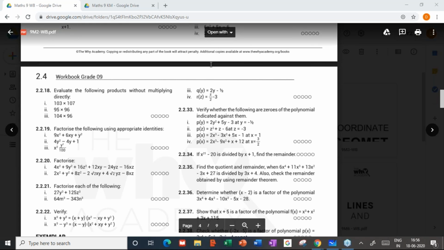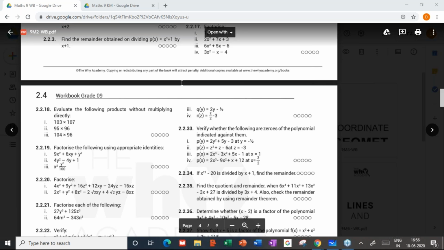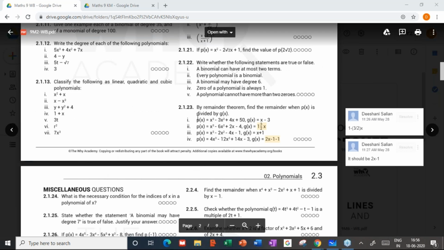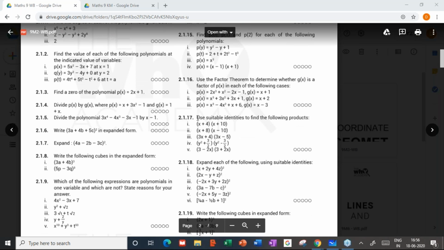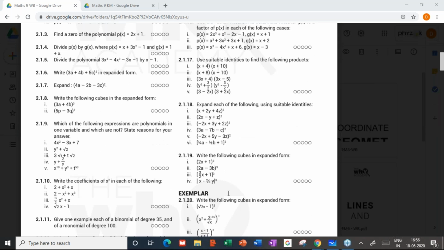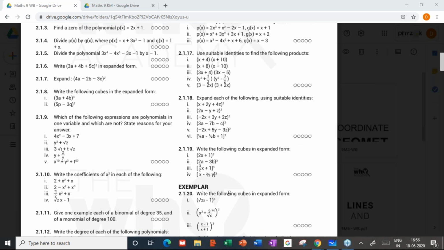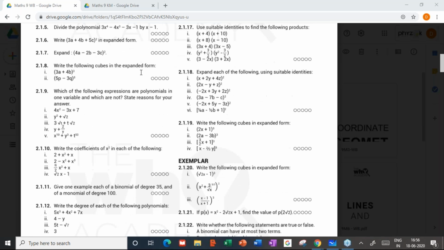Or you might get questions like the ones in level 1: write the following cubes in expanded form. They might be direct. The direct ones will come for like 1 or 2 marks only. The indirect ones will come like: write 3a plus 4b plus 5c square in expanded form.